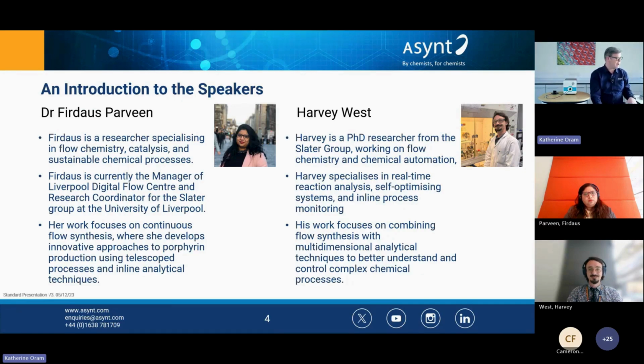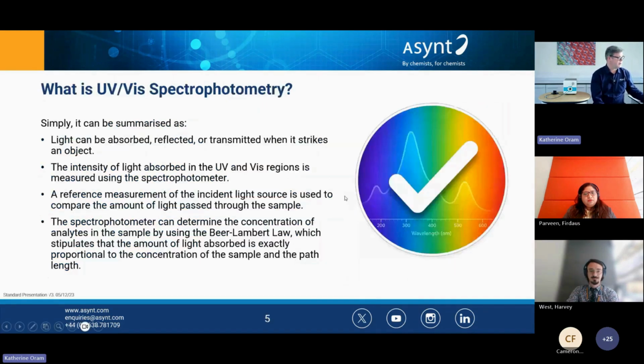She's currently the manager of the Liverpool Digital Flow Centre, and research coordinator with the Slater Group at the University of Liverpool. Her work focuses on continuous flow synthesis, primarily looking at the development of porphyrins, including telescoped processes.